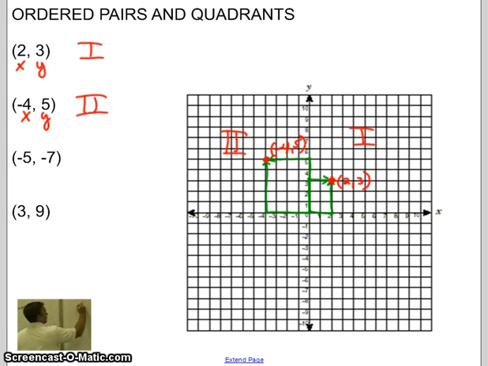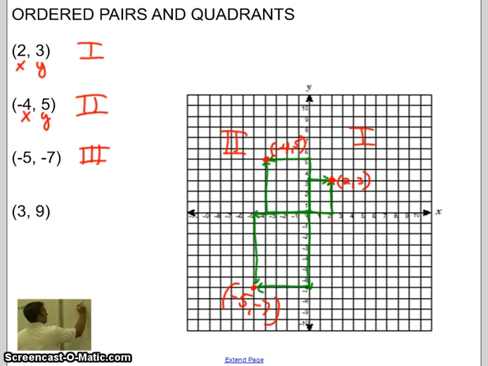Negative 5, negative 7. So we're going to go negative 5 on the x, negative 7 on the y. Where did they meet? Right there. So we have negative 5, negative 7, and that's in quadrant 3. And then 3, 9.